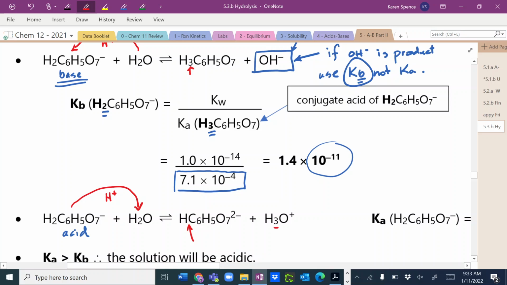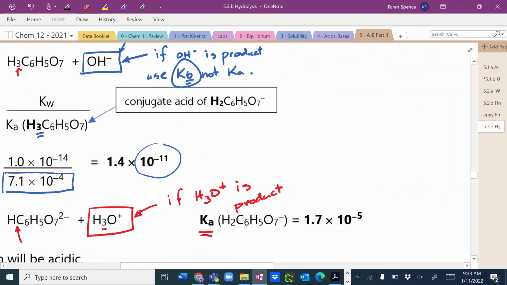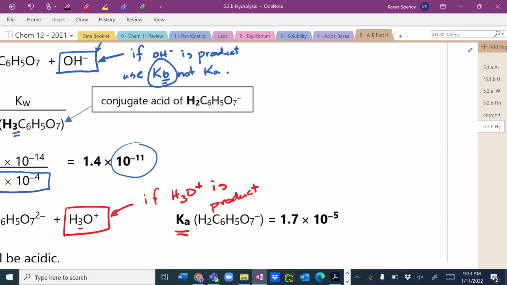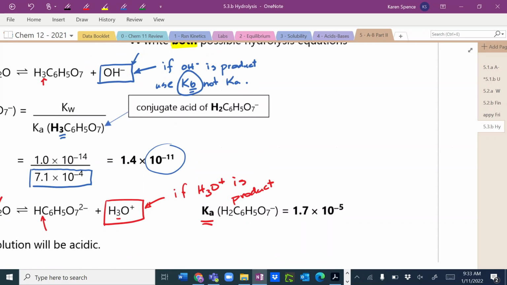Since this was acting as an acid and we made H3O plus, H3O plus is the product, so you're going to use Ka. That one we can just look up, and it is 1.7 times 10 to the minus 5.